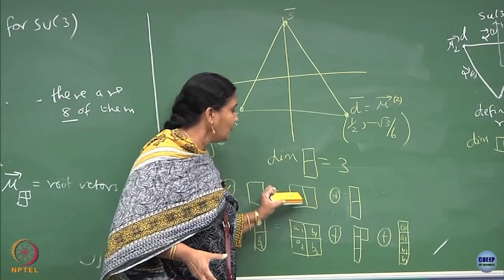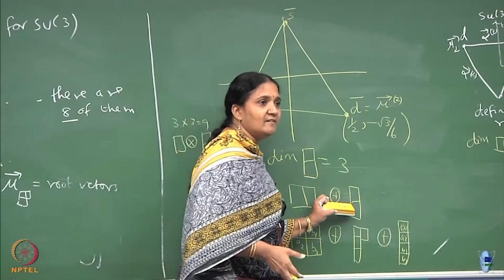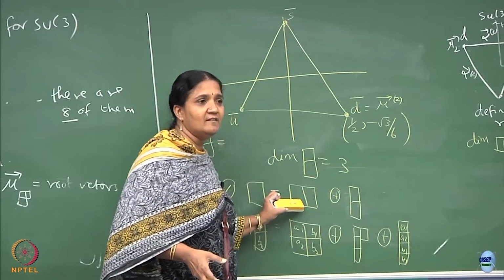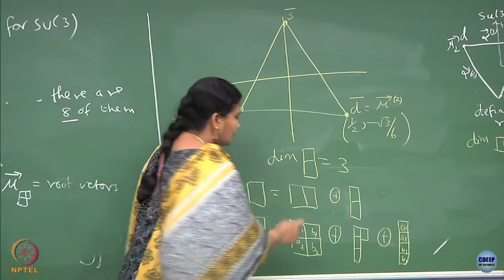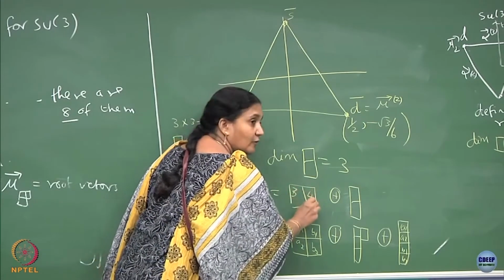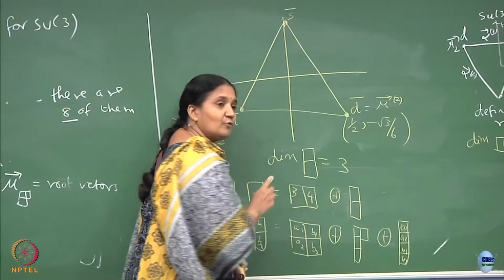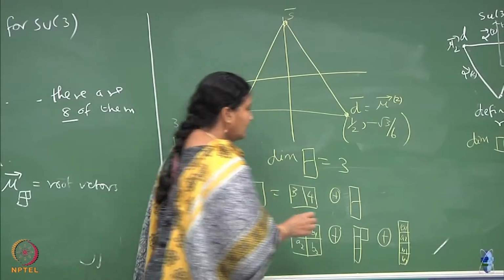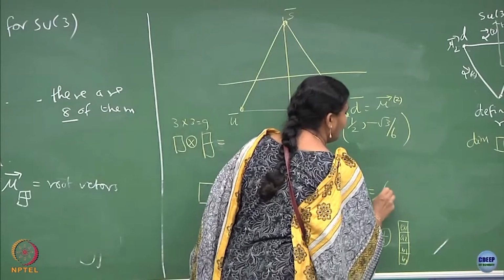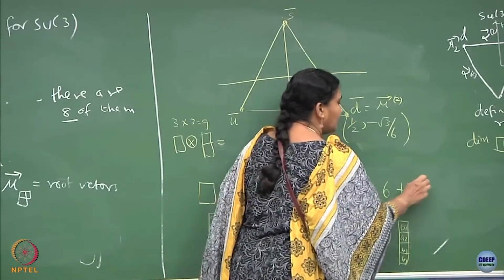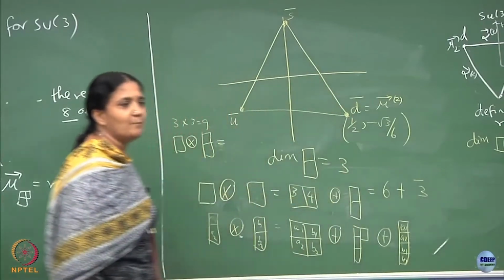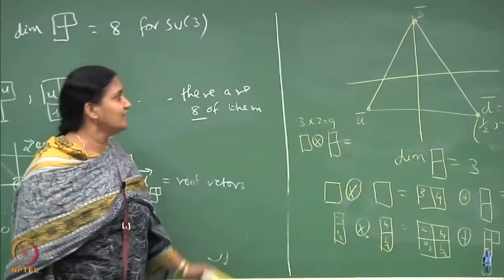For SU3 you can work out this anyway is 3, this has to be 6, is that right? So 4, 3, 4 and then 2, it will give you 6. So in dimension language it is 6 plus 3, because it is vertical. Sometimes in books they put a 3 bar, that it is associated with this diagram.